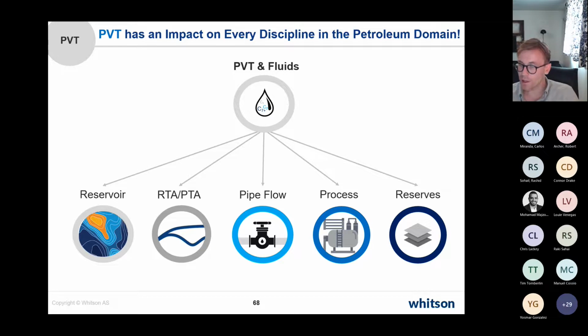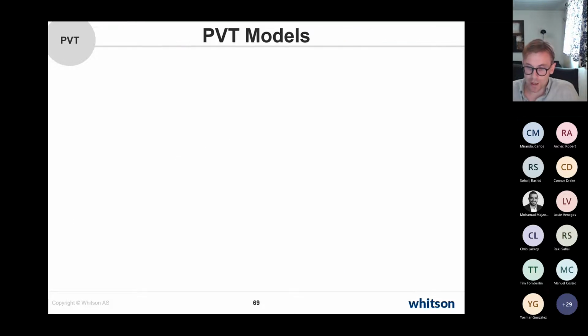And it makes sense because what you're actually selling in the field is oil and gas itself. So to have a model to actually model what you're selling, the entire business model of oil and gas companies makes a lot of sense.